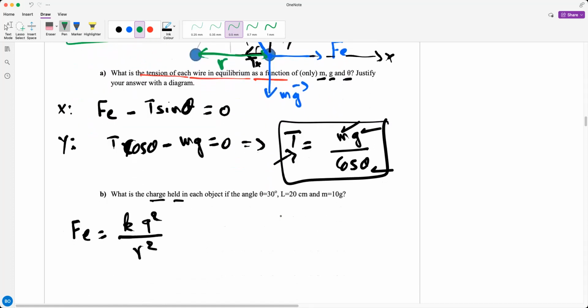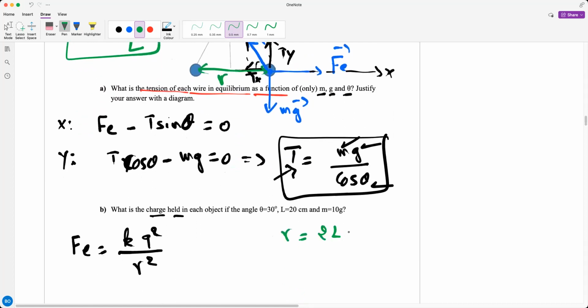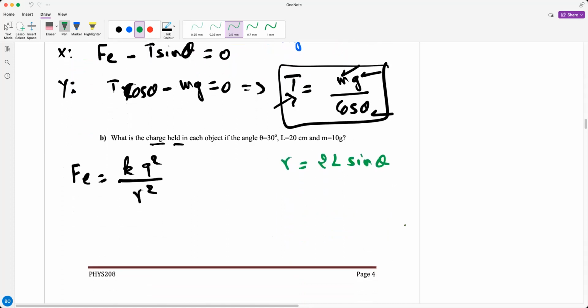This means that R, the distance between the two, is equal to 2L sine theta. So I know from this equation that the Coulomb force, Q squared over R squared, is equal to T sine theta.